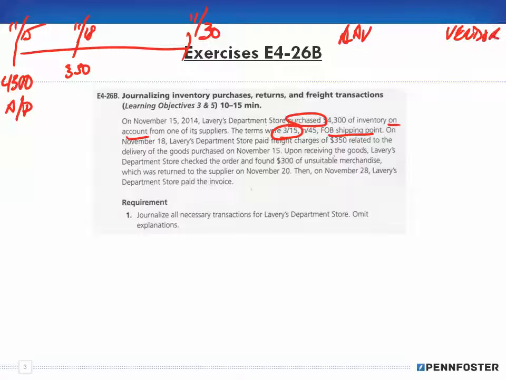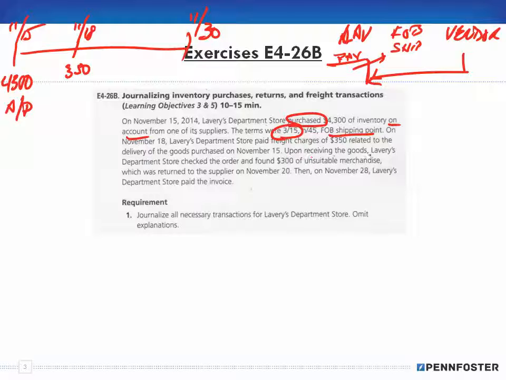So FOB shipping says it's leaving the vendor, right? It's leaving the vendor, but when it hits Lavery's dock, okay, that's when Lavery pays the bill, right? They're responsible for paying the bill. So that's the $350 that he's paying to the shipping company, all right? So that's $350 related to the delivery of goods purchased on November 15th.